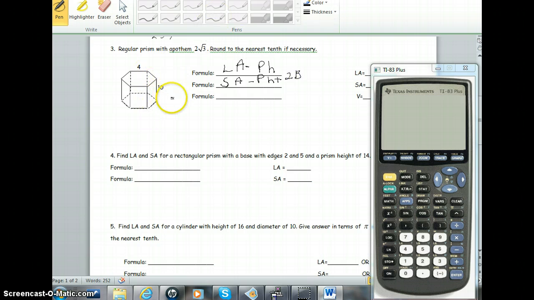And for volume, the formula is base times height.